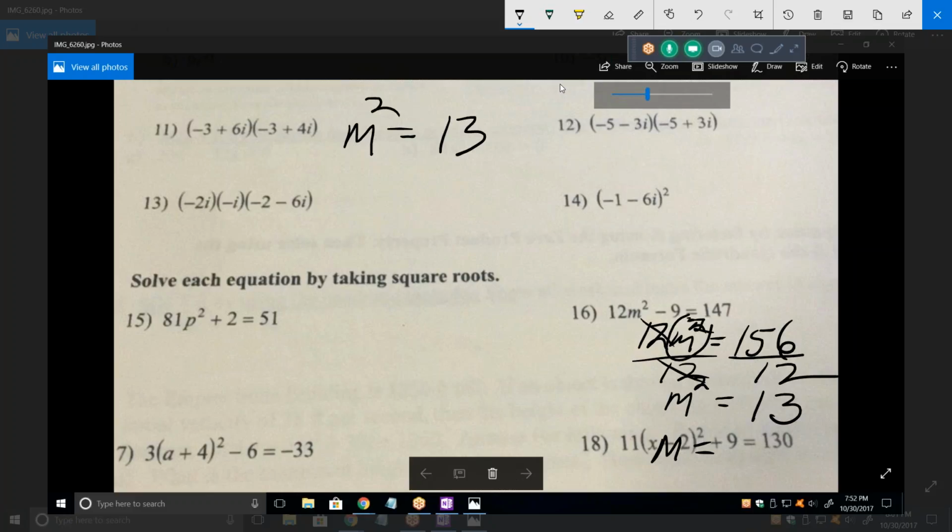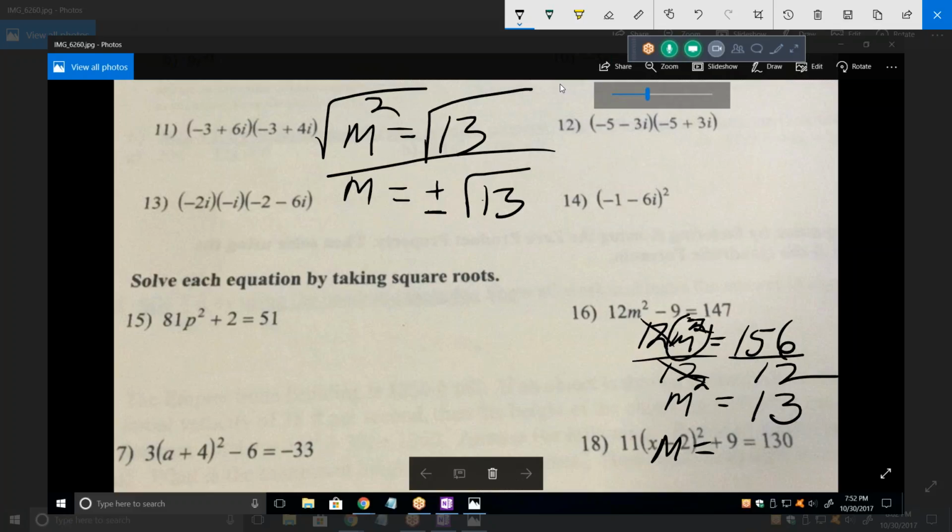First of all, this is an equation that we're going to solve by taking the square root of both sides. When you take the square root of both sides, always begin your answer with the words plus or minus. There's the answer right there.